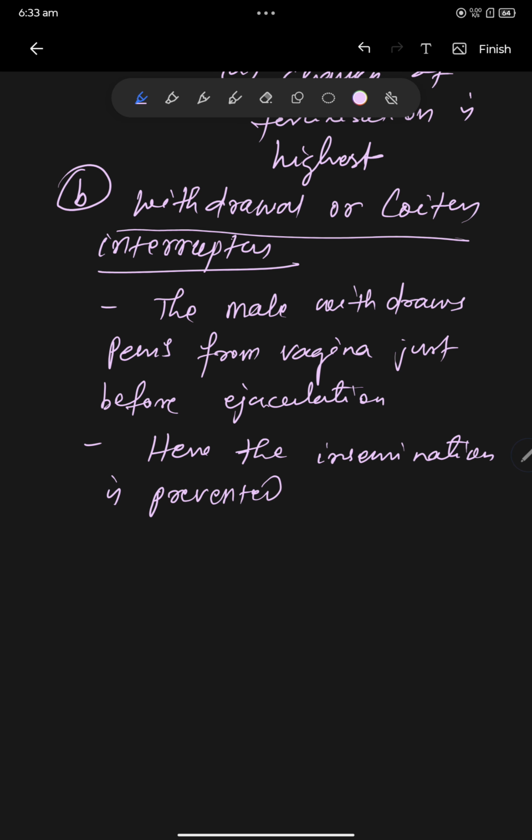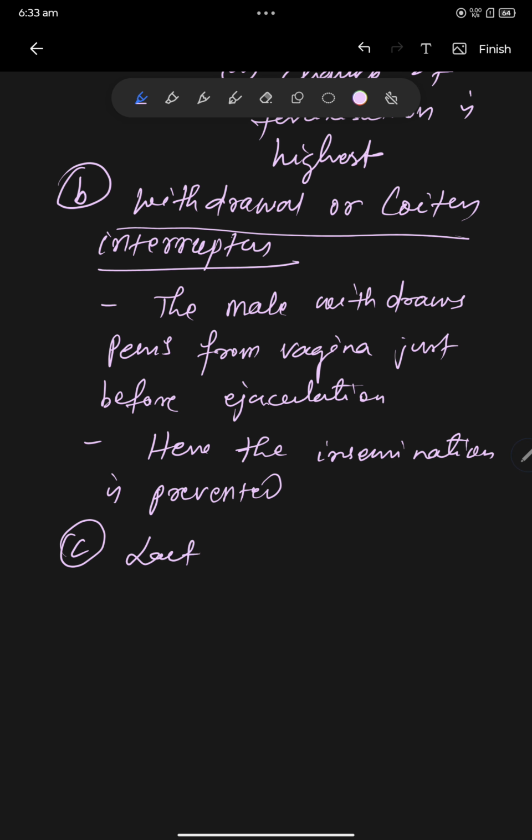Now the next method is lactational amenorrhea. This is also very important, children.